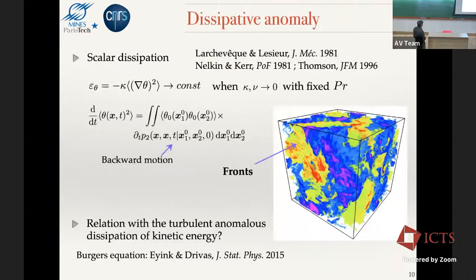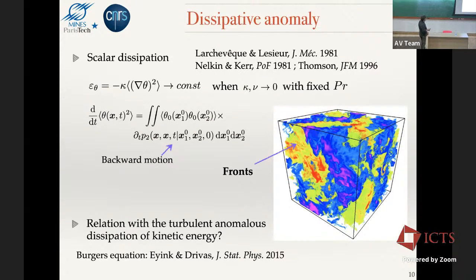Okay, so now let's think a bit more. Again I have epsilon theta with a minus, it should be plus, I'm sorry. So basically this non-uniqueness character explains the fact that for the passive scalar we have a dissipative anomaly. Remember how you write the scalar dissipation, with a plus again.